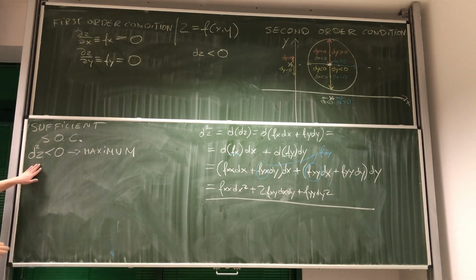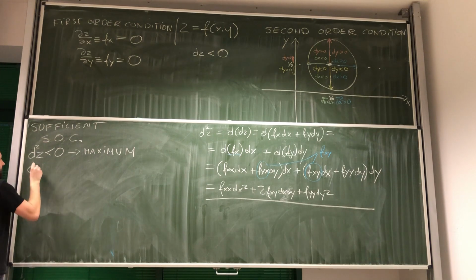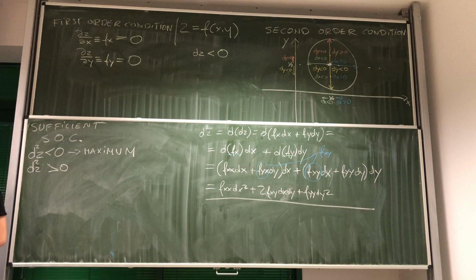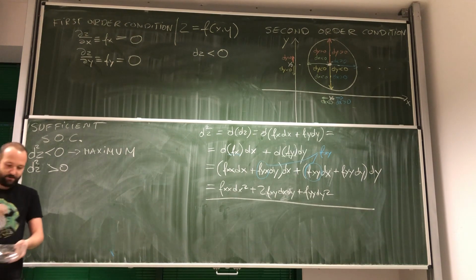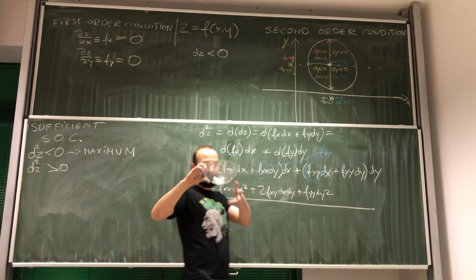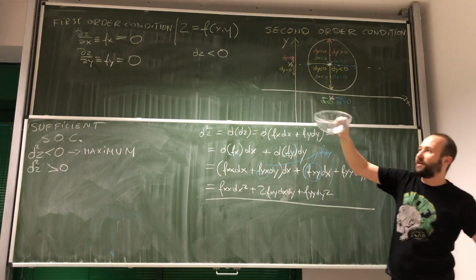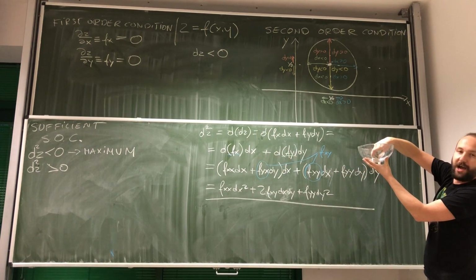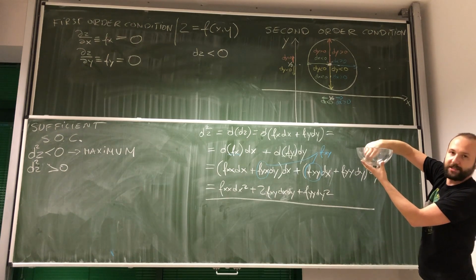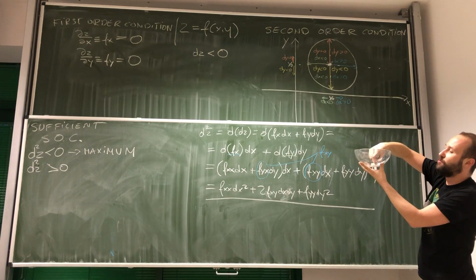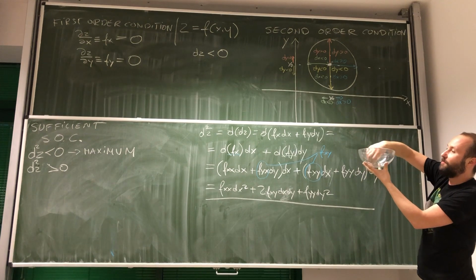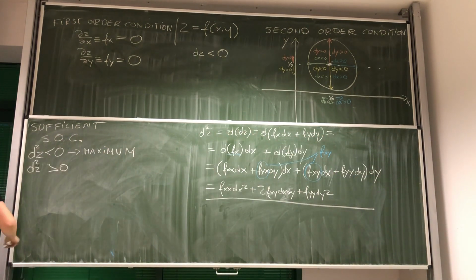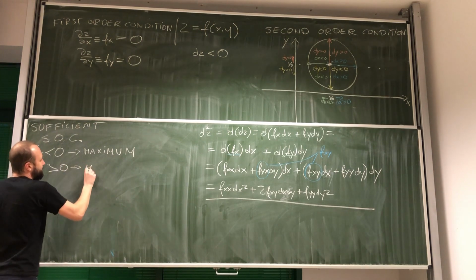On the other hand, if d squared z is bigger than 0, it means we are at the bottom of the ball, so we are in the minimum. Why? Because in any direction I move inside this ball, I'm always getting higher. So this point must be a minimum.